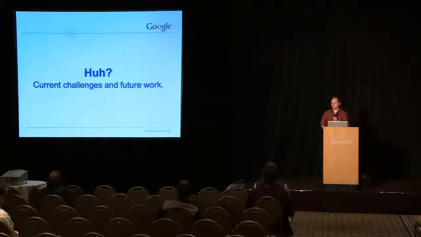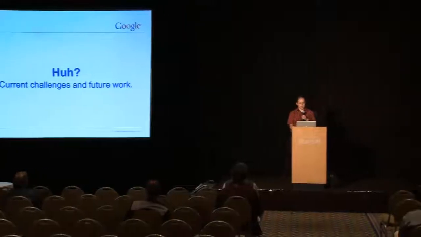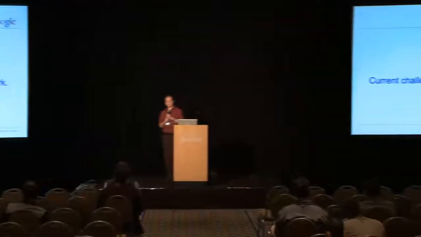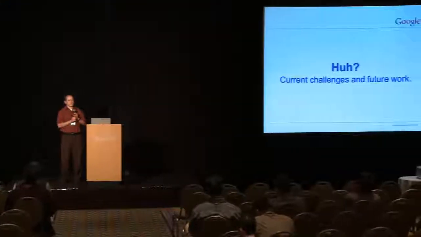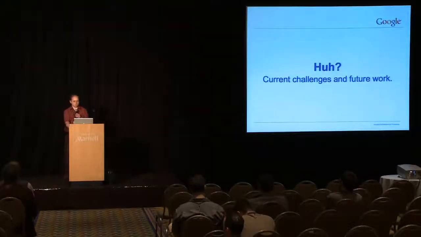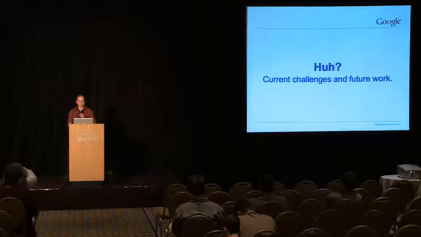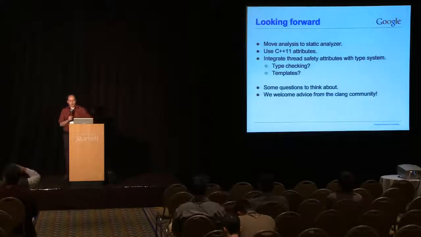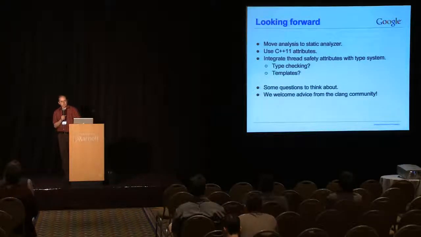So I'll go over some of those in slightly more detail. But now we're on to places I'd like to go, but where I'm not quite sure how to proceed with the implementation. So we're thinking, haven't decided yet, about moving the analysis to the static analyzer.